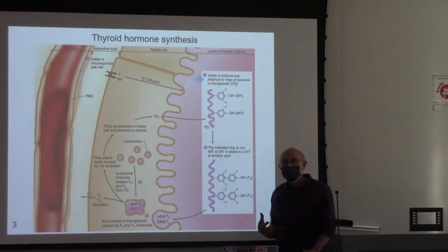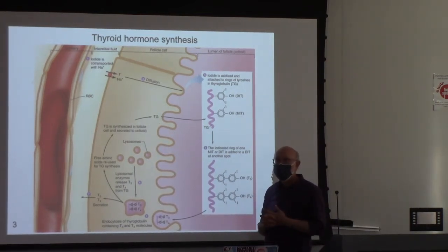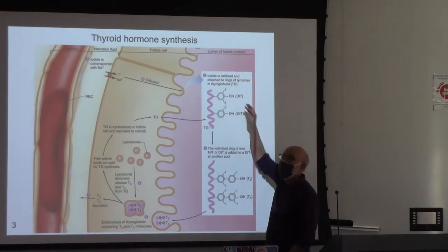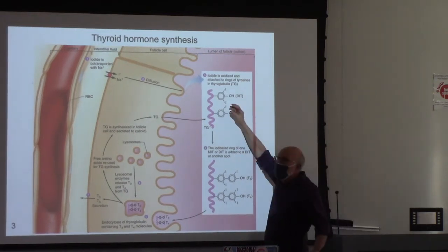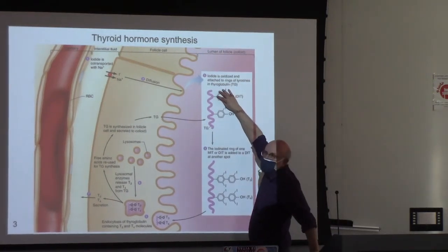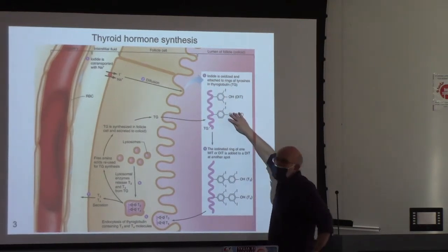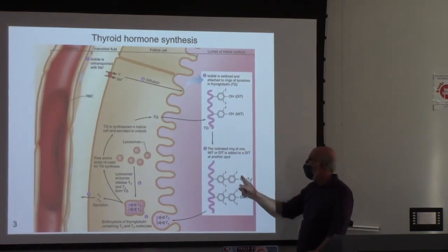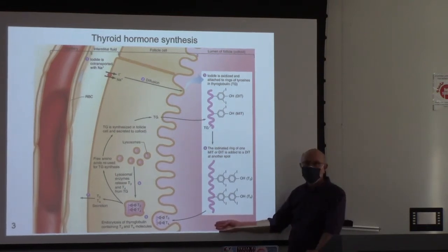So these cells are specialized. They synthesize iodotransferases that iodinate tyrosine. And then they also make other enzymes that cut the iodotyrosine ring off of one tyrosine and put it on the other. So we now make this two-ring iodinated structure on thyroglobulin.